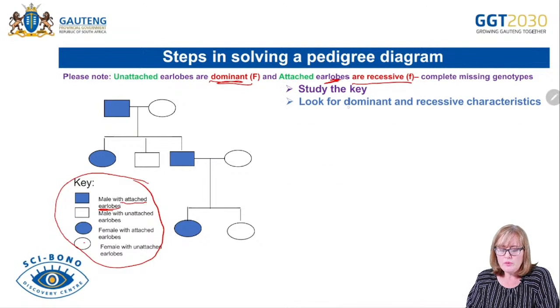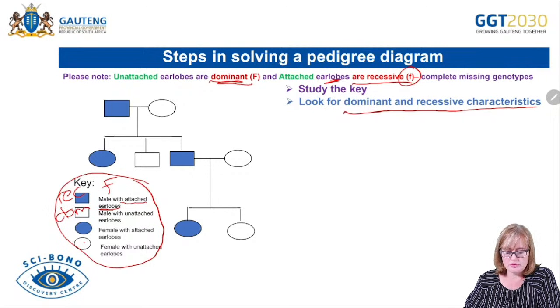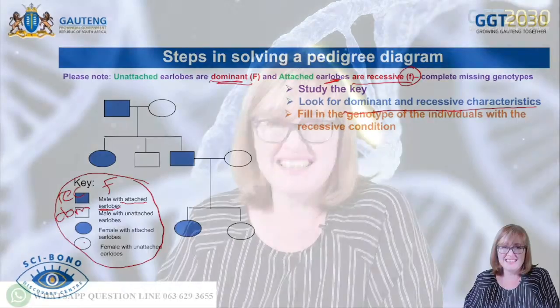All right. Now we look for dominant and recessive characteristics, like I said. So attached will be recessive, and unattached will be dominant. It's nice just to write that in for yourself to remember. And then you fill in the genotypes of the recessive ones first, because recessive will always be the easiest.